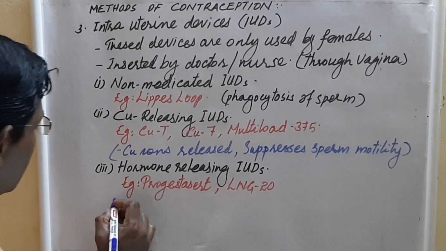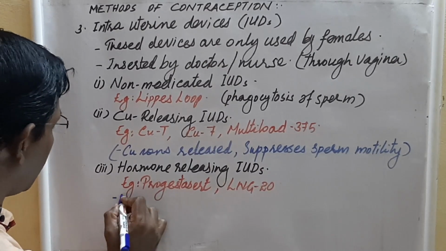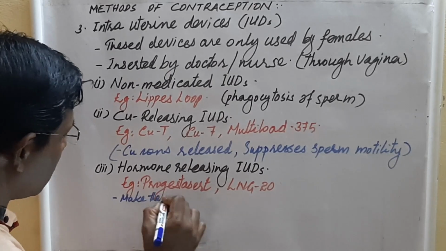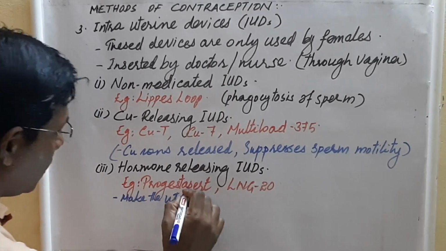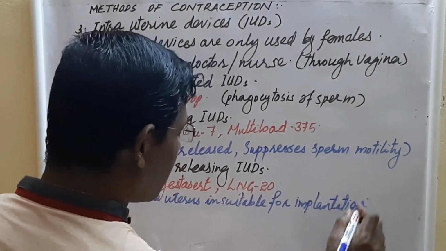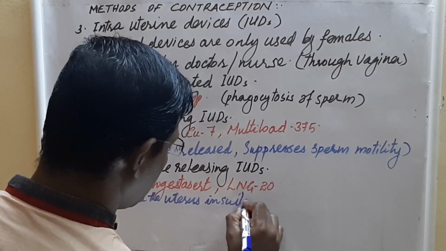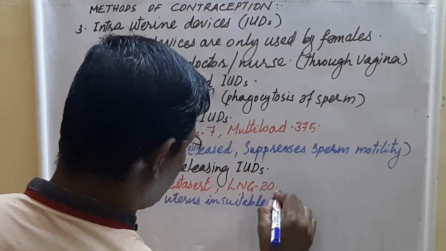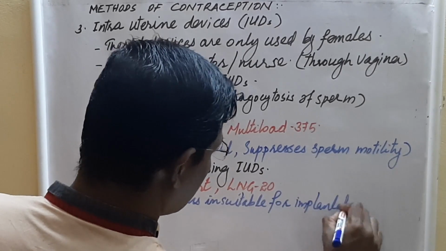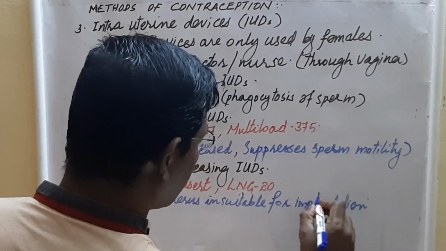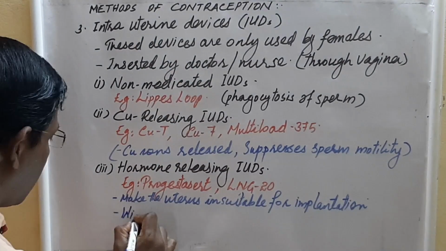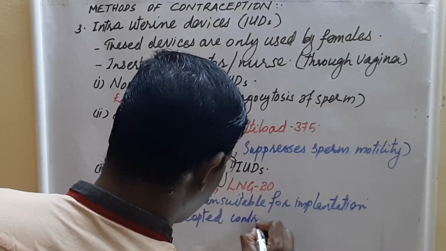The hormones make the uterus unsuitable for implantation. It is widely accepted in India.